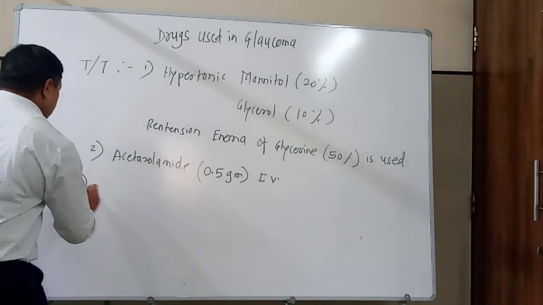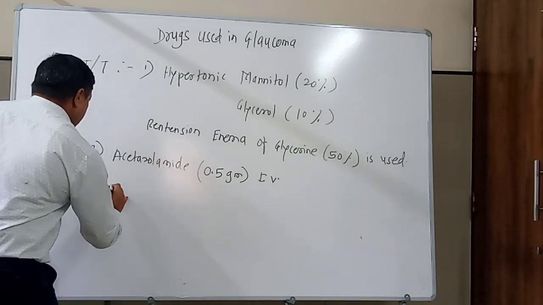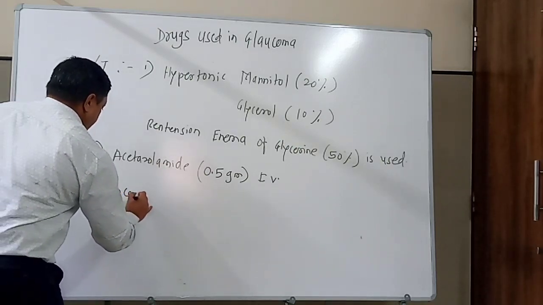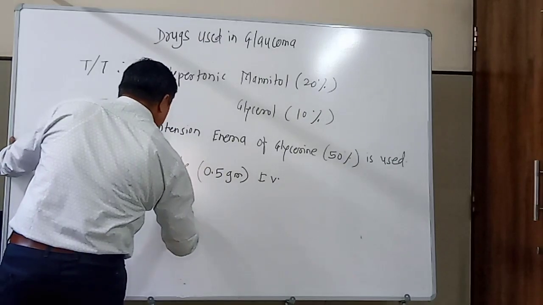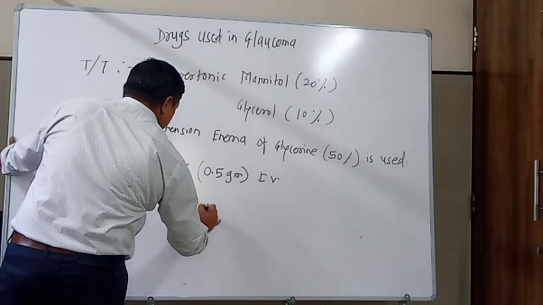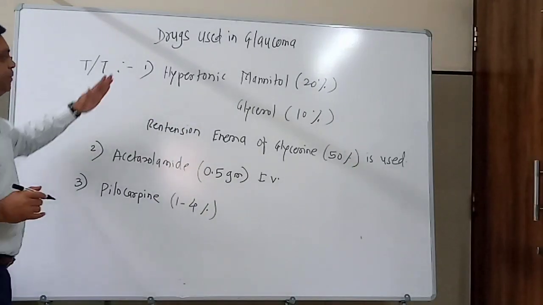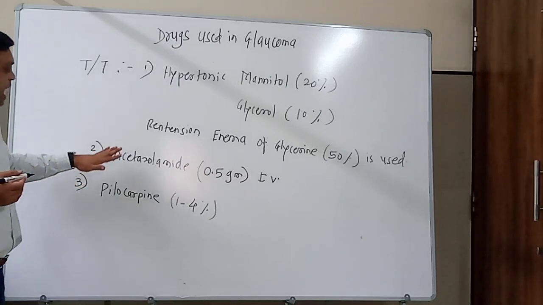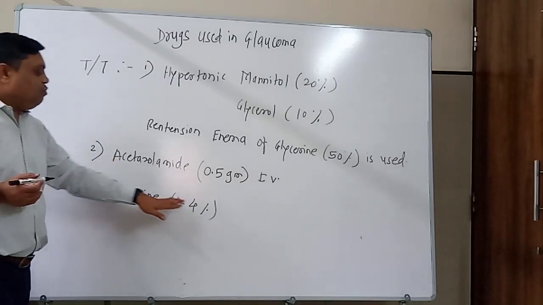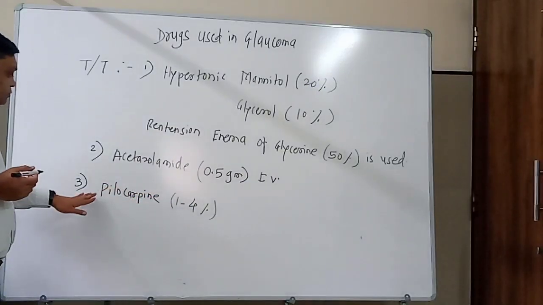Third is pilocarpine. As soon as intraocular pressure decreases, pilocarpine is started as a 1 to 4% eye drop.